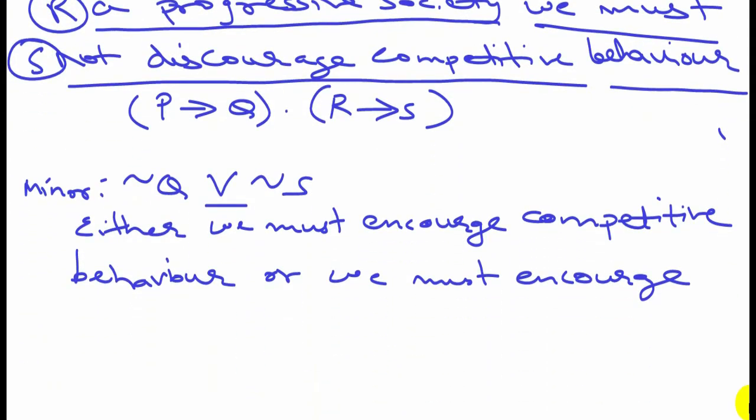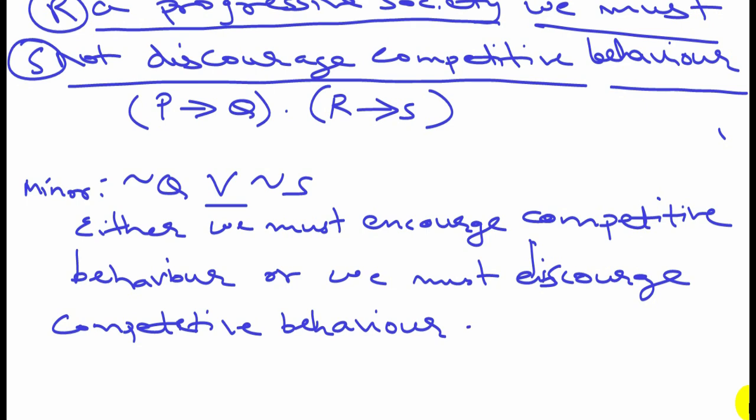We must discourage competitive behavior. This is our minor premise denying the consequence. The conclusion is not P or not R. What is not P? Not P is either we are not to have a peaceful society or we are not to have a progressive society.